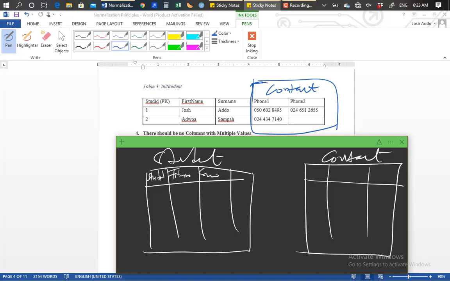We can call it contact ID, which can be shortened as contid. Then we can have phone. So we can even bring other contact information like email and so on and so forth.